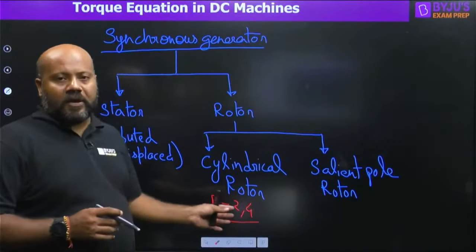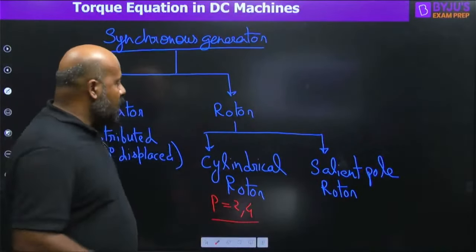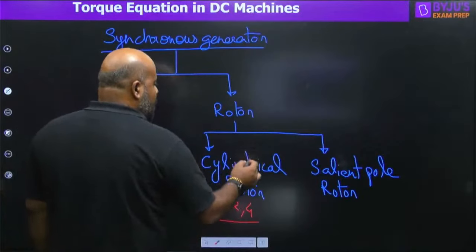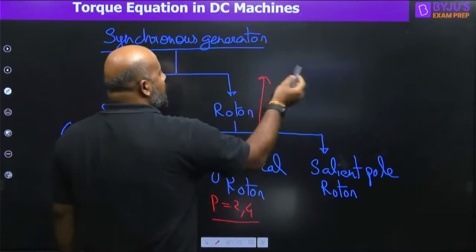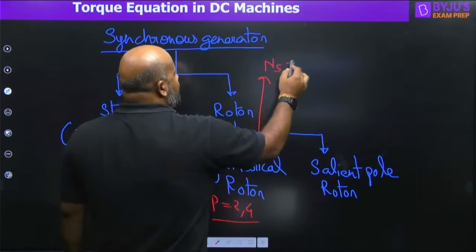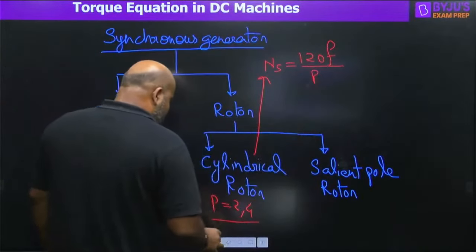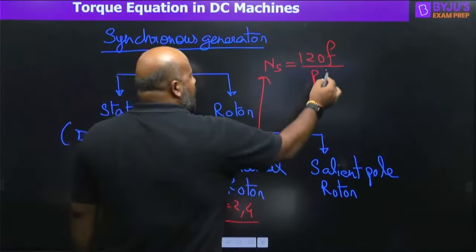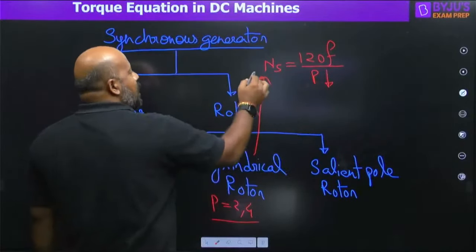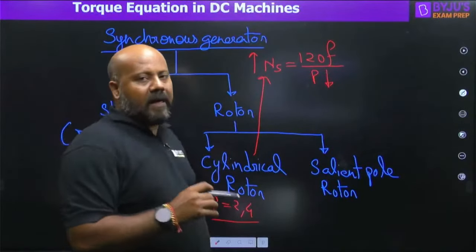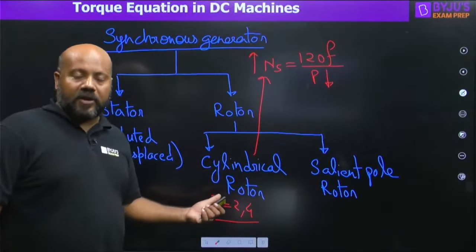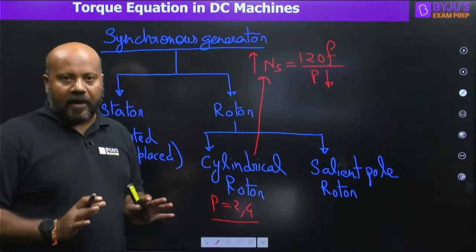The synchronous speed is Ns = 120f/P. Because the number of poles is comparatively less, the synchronous speed at which the cylindrical rotor machine operates is very high.